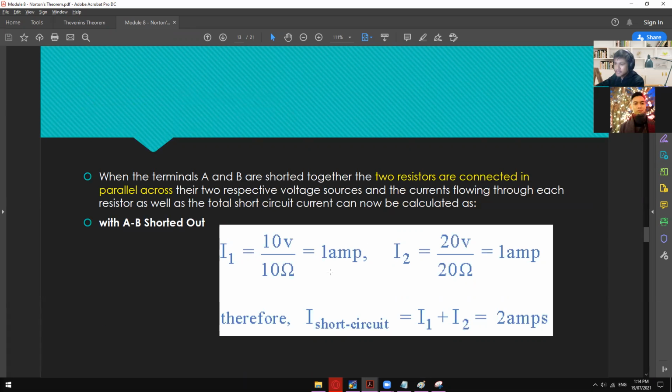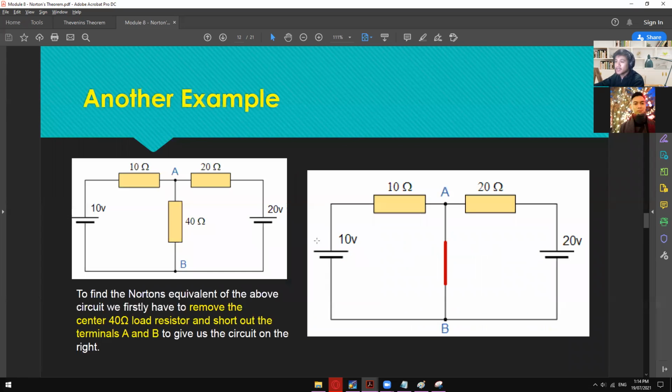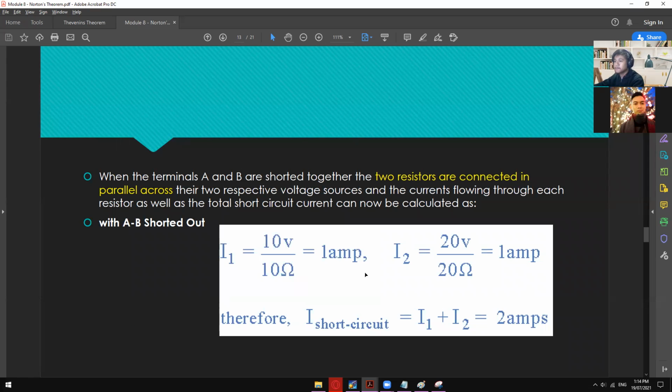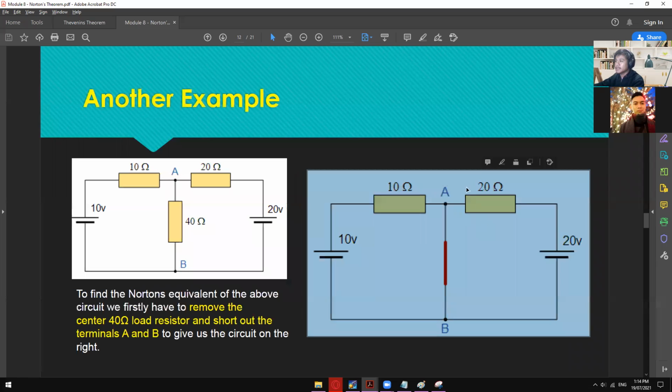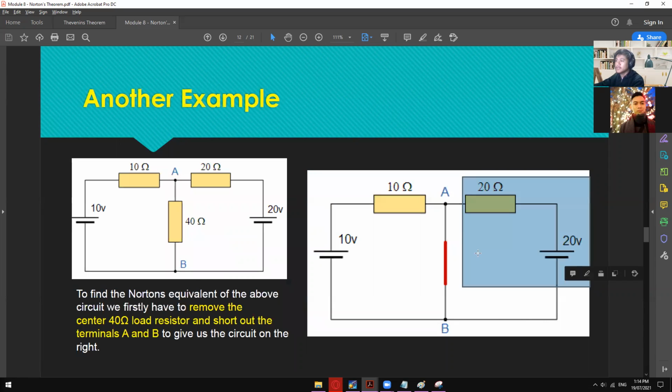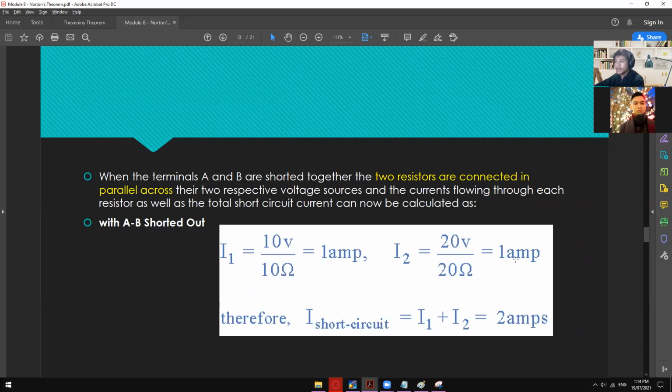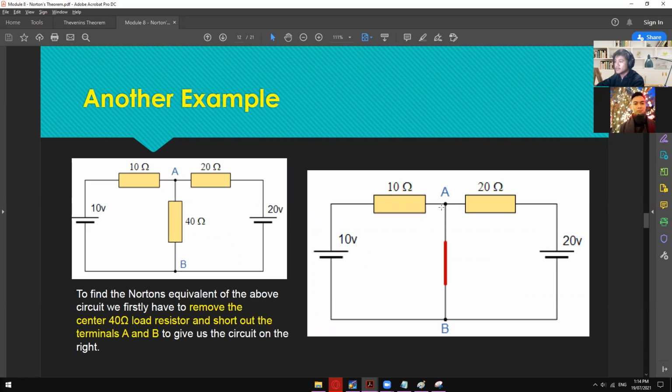So let's solve first the IN, or the Norton's current, para masundan natin to. For the I1, of course, Ohm's law lang. So I is equal to V divided by R. Left side, 10 divided by 10 is 1 amp. The same with the right side, 20 divided by 20 is 1 amp. As you guys can see, we have the same flow of current that will merge on this node AB, or this spot right here.